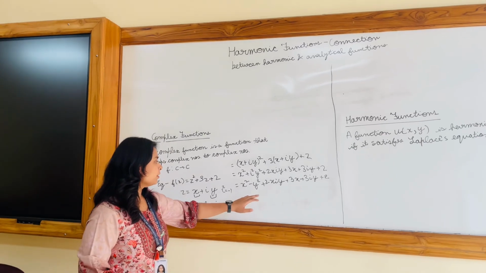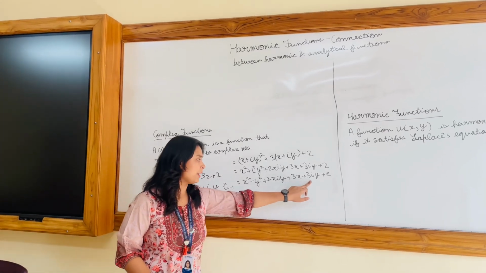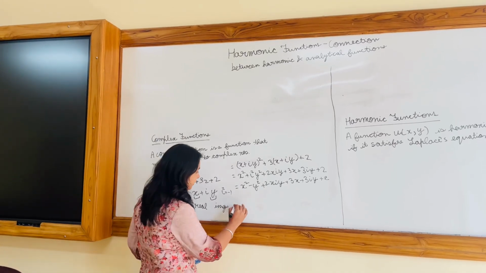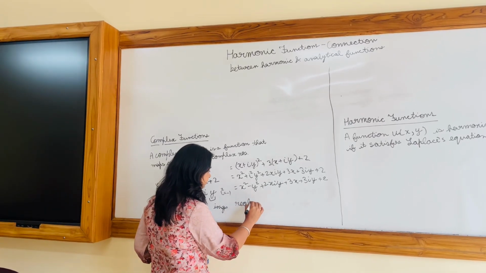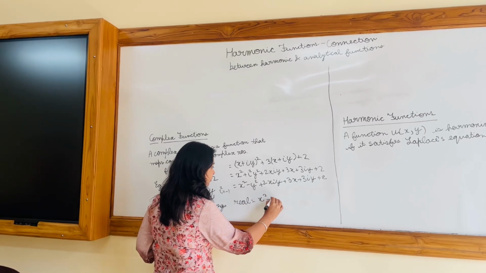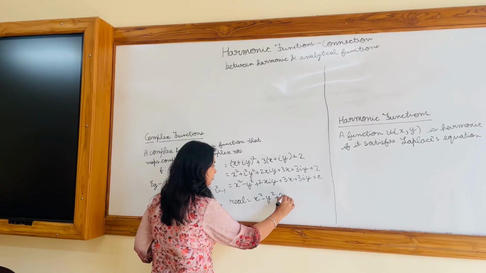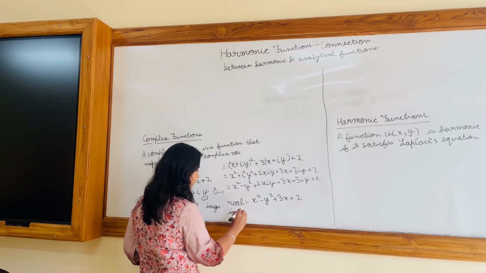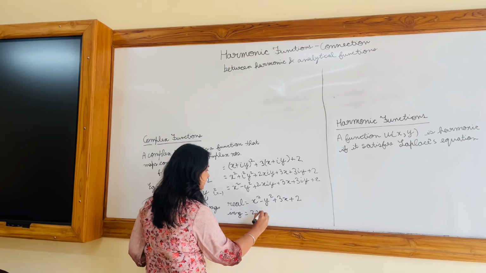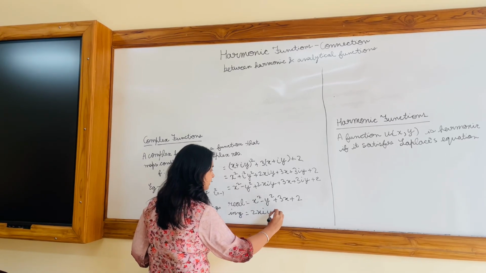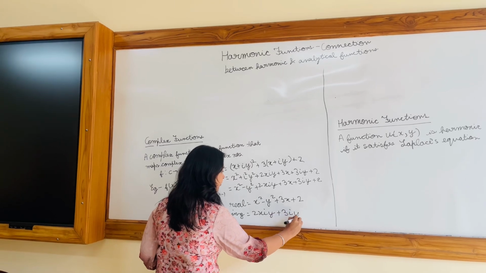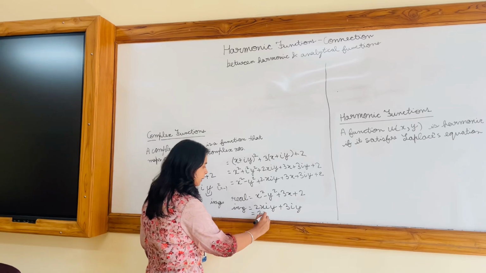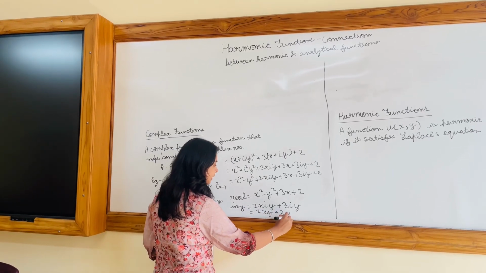All the terms which contain i go into the imaginary part and the non-i terms go to the real part. So the real part equals x square minus y square plus 3x plus 2, and the imaginary part would be 2xiy plus 3iy. Basically we can directly write it as 2xy plus 3y.